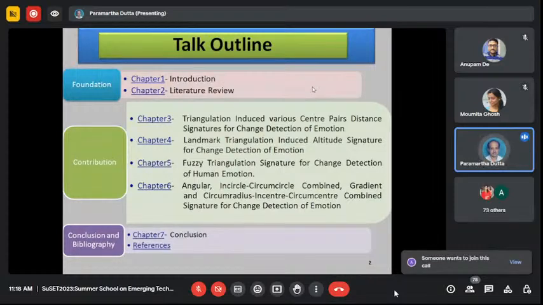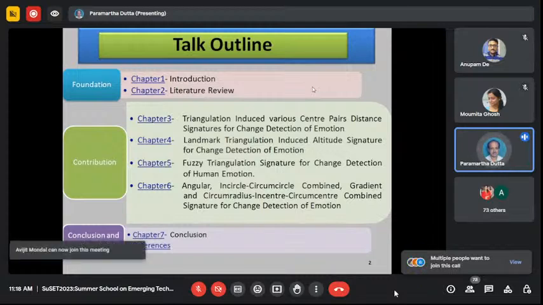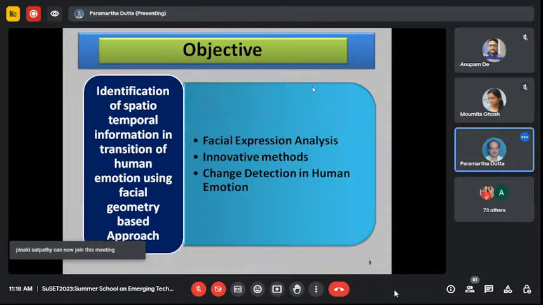So in the course of my talk today, I shall try to touch these individual components one by one as time permits, and we'll see how different methodologies work for this particular problem and how effectively they perform. Now, as has already been mentioned, it is basically a reiteration of what the objective is.